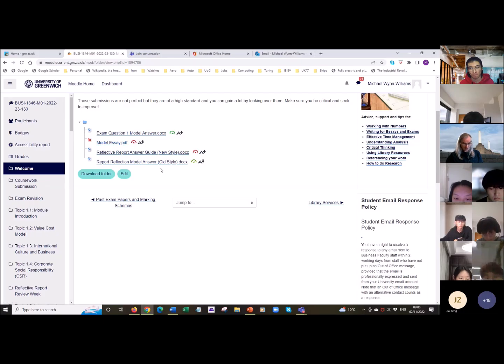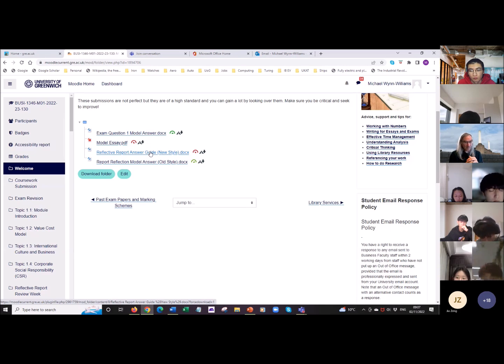You can think of the old style reflection report as being part 1 of our new reflective report, and the model essay has kind of been part 2 of the reflective report. It's a little bit different, but certainly the old style reflection report really is part 1 of the new reflective report.